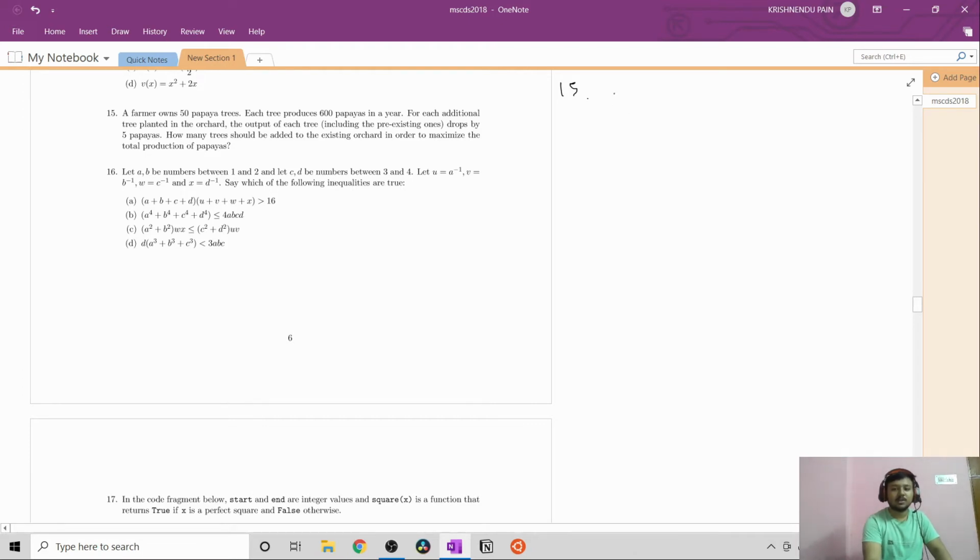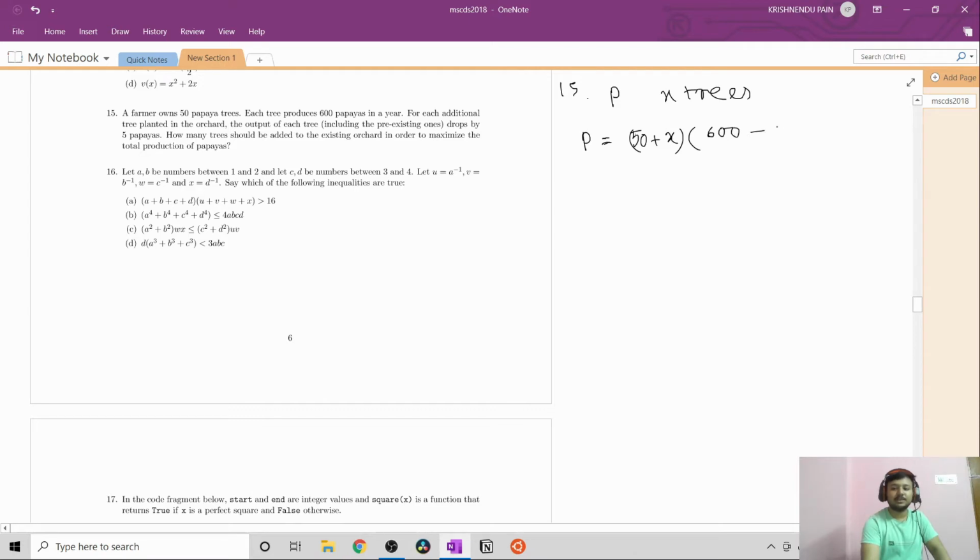So suppose total production is P and x trees should be added to the existing orchard. Then the total number of papayas in a year will be, there are 50 trees, so we will add x. For each tree, the output drops by 5. So existing production was 600 papayas each tree.